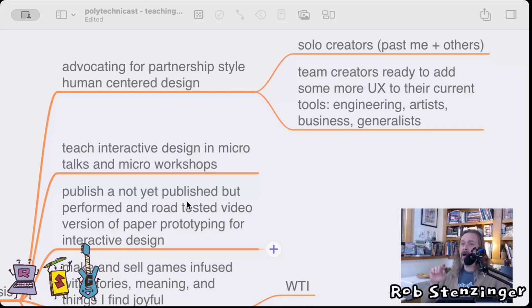So here you go. To advocate about human-centered design, but in a partnerships style way. I haven't mentioned much of that this entire journal, but I realized that my style of human-centered design very much emphasizes the inclusion aspect, including what I call the five audiences: whoever's funding it, the business; whoever's making it, the team; and whoever it's for, the end users.